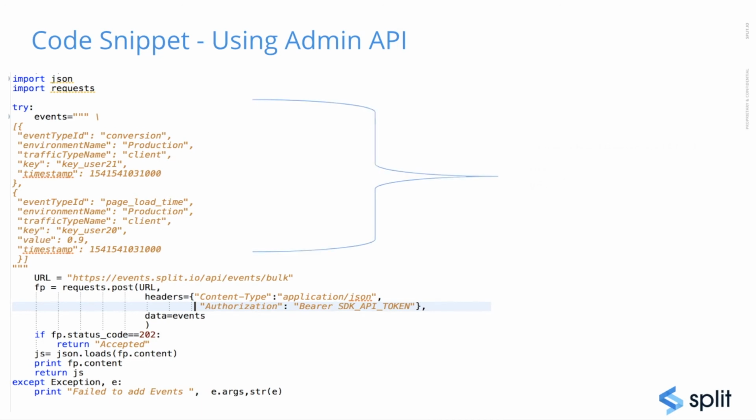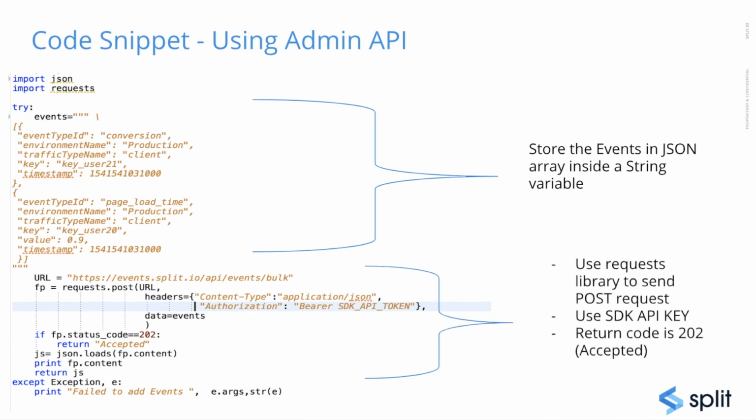First, we're going to create the JSON object that will have all the events. One of the benefits of using the admin API is you can post events in bulk and not just one by one. So here we have two events created for the same client and the same production environment, but for two different metrics. One is conversion and the other one is page load time.